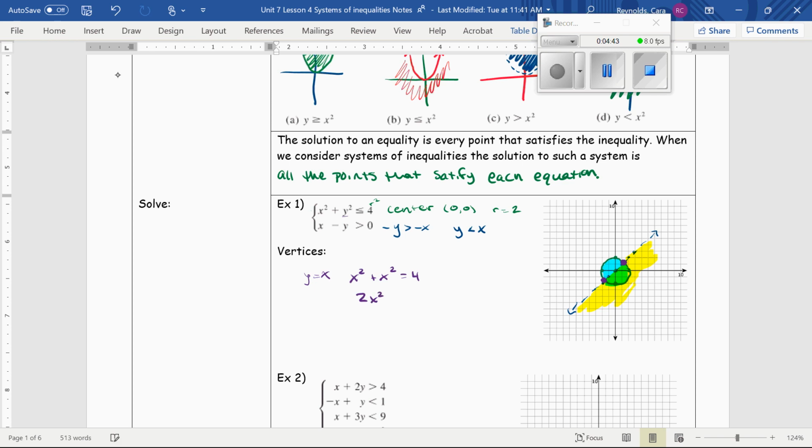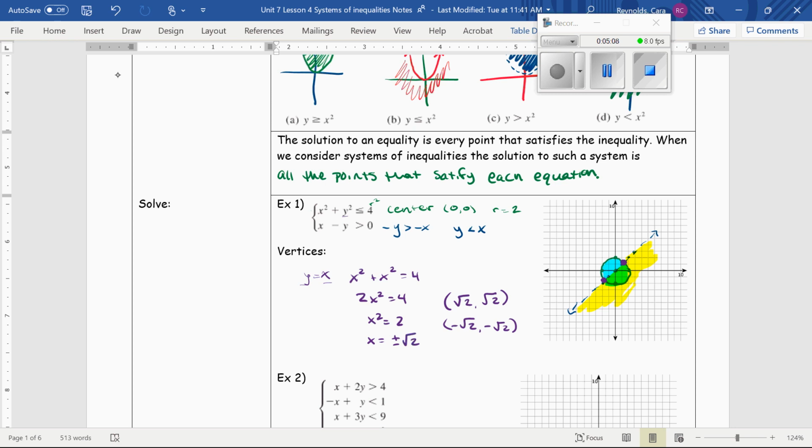So 2x squared equals 4, x squared equals 2, so x equals plus or minus the square root of 2. Y is whatever x is, so that leaves our coordinates to be positive square root 2, positive square root 2, or negative square root 2, negative square root 2.